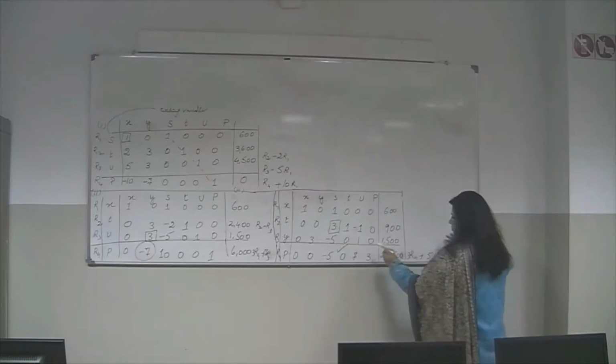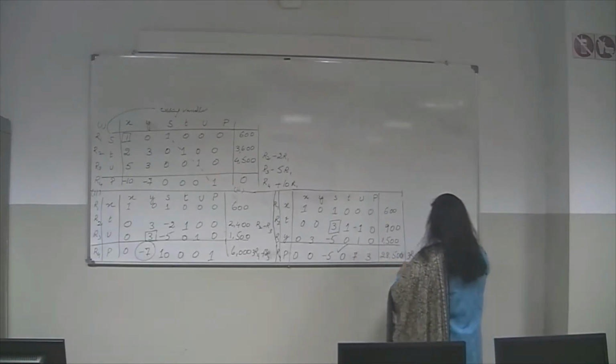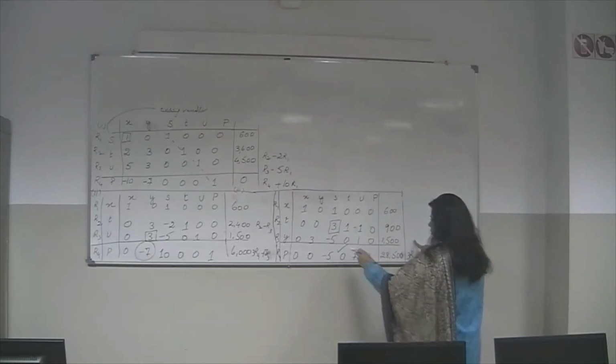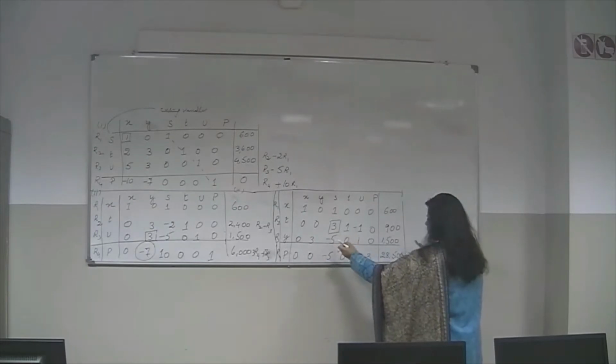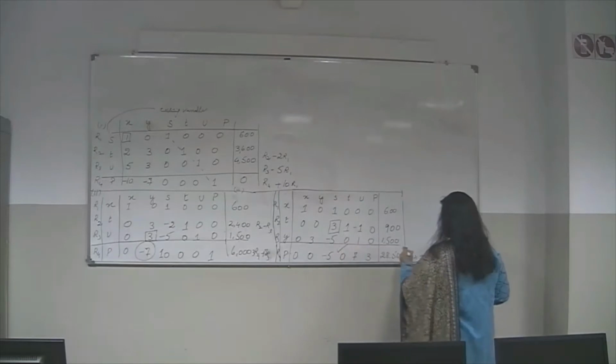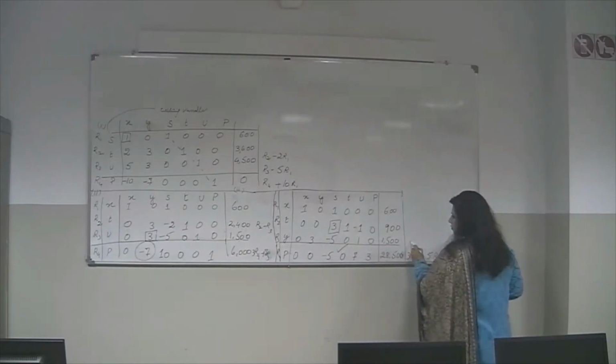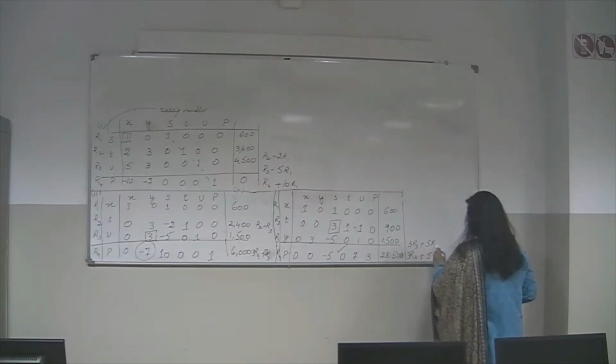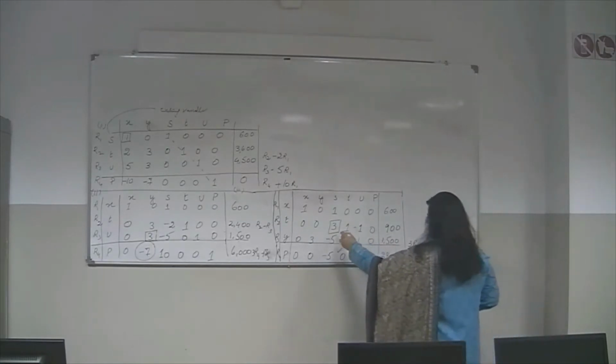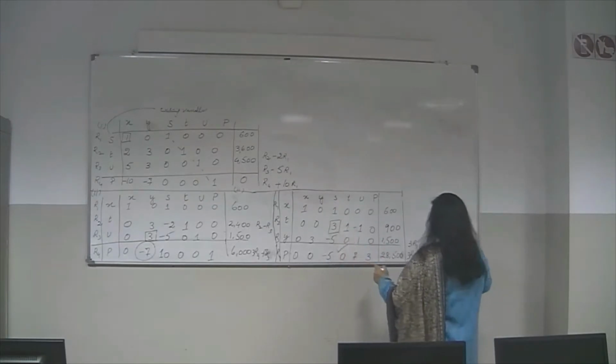And this again, to make this 0, we have 5 minus 5, so we have 3 R3 plus 5 R2, because again we have exactly the same values.